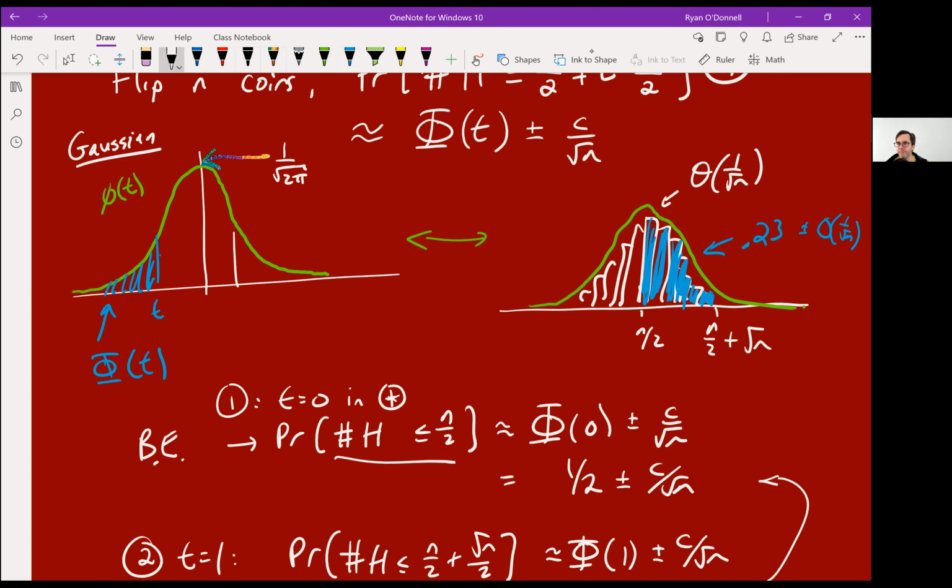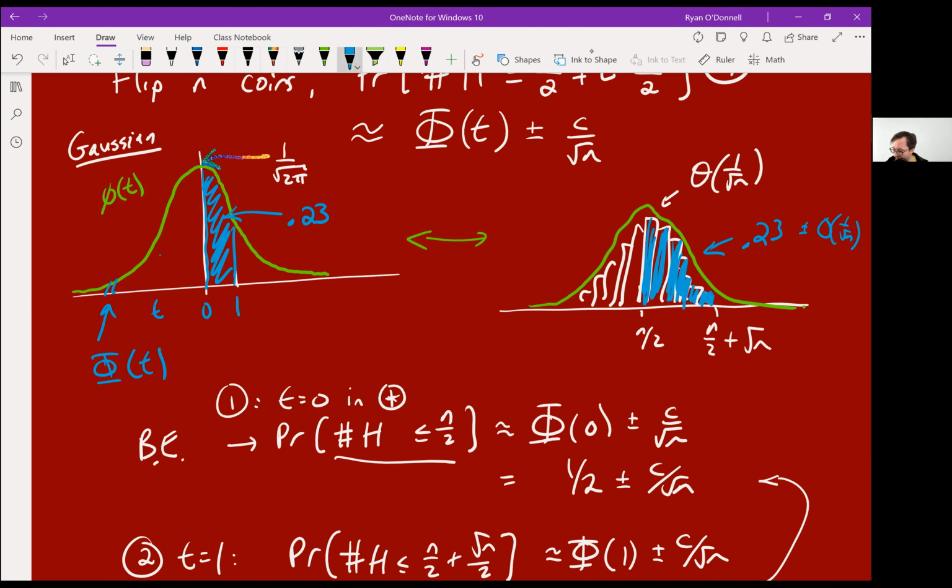I guess one idea that may or may not work is you could upper bound the difference of the CDFs by taking the rectangle instead. Yeah, that's true. So actually, this amount here was this fictional number 0.23, or whatever it really is.